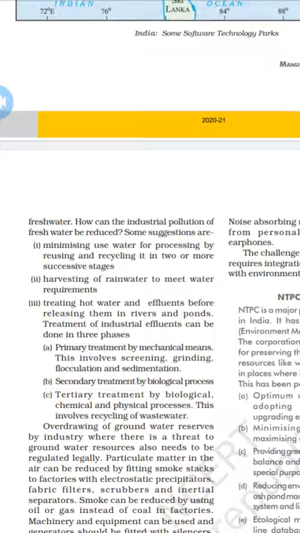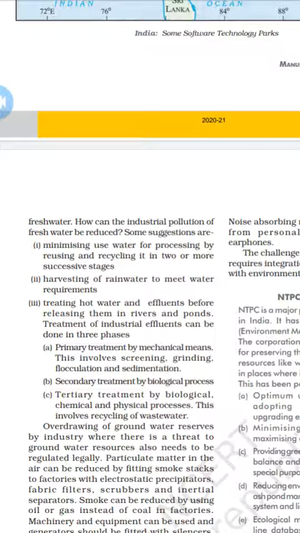And air pollution can be reduced by fitting smoke stacks in factories, and fabric filters, scrubbers, and inertial separators.